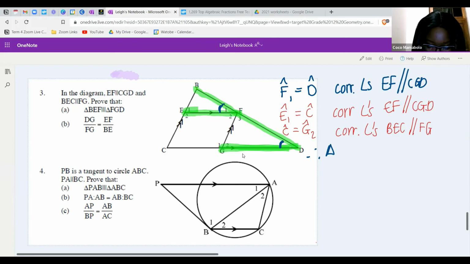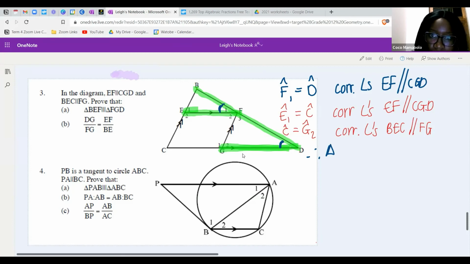All right. So now from BE over FG equals EF over GD, what they have done is they have cross multiplied. So BE and GD have swapped places. FG and EF are still where they were, but BE and GD have swapped places.